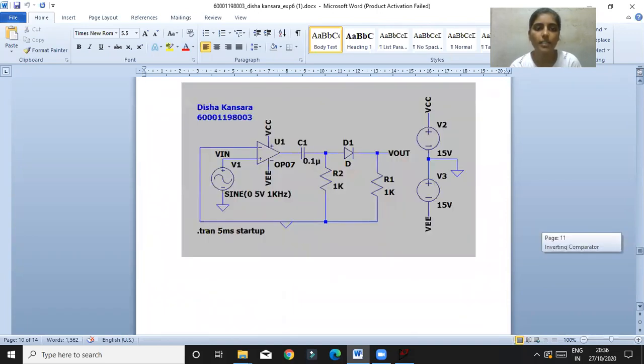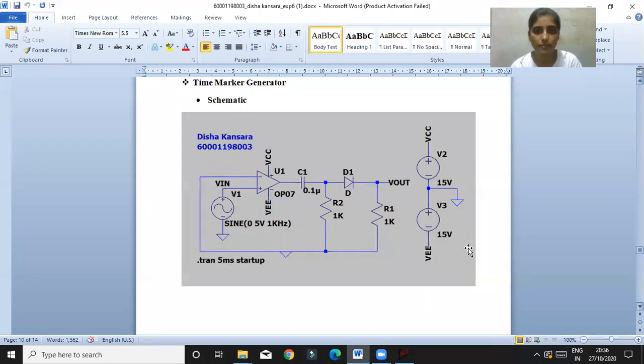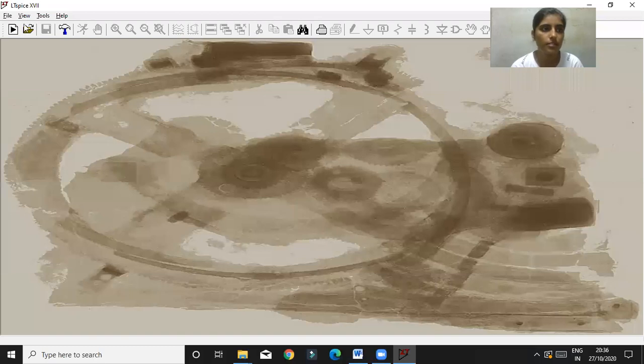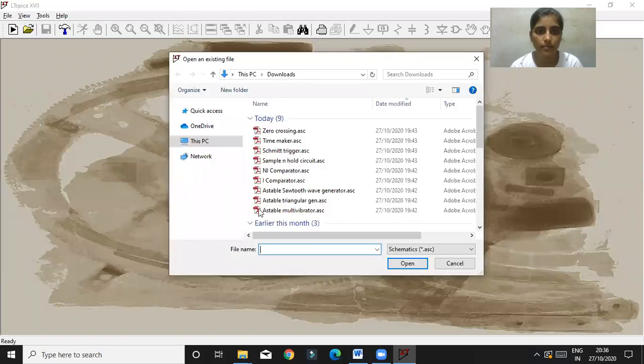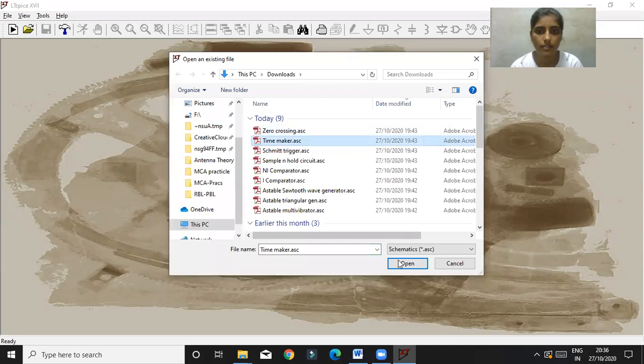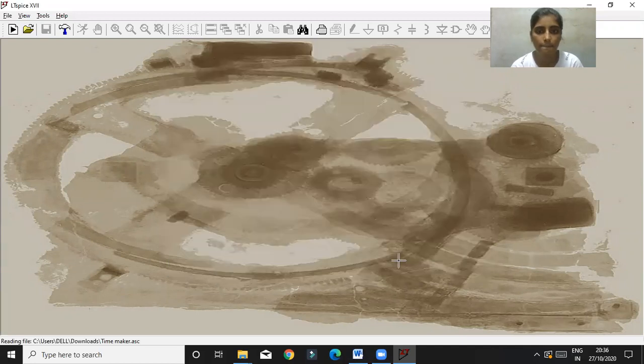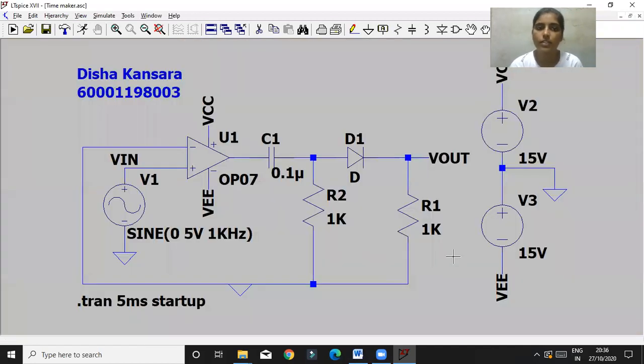For the time marker generator, I performed this circuit as well. For the time marker circuit, I applied VCC and VEE of plus and minus 15 volts.